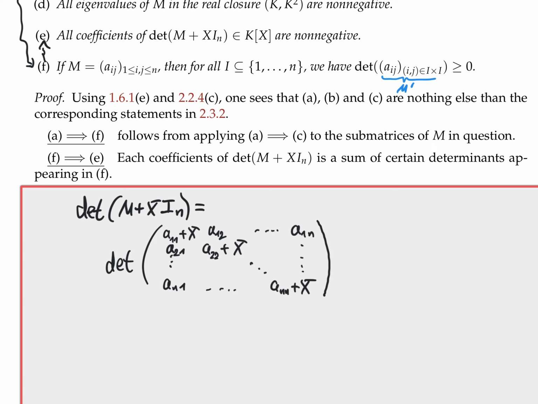You choose in each row an entry, and each time you choose a different entry. It might happen that you choose a diagonal entry, or it might not happen.